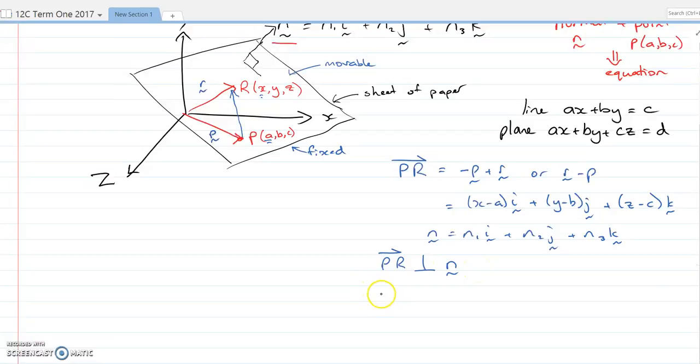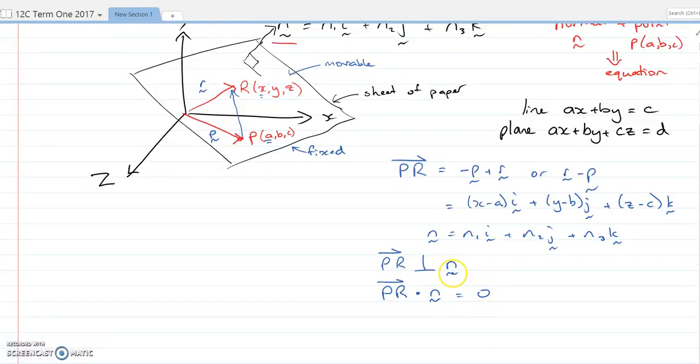And finding perpendicular vectors, what can you use? Well, you can use the dot product. The dot product always tells you if two vectors are perpendicular, because what's the dot product when they're perpendicular? It's 0.